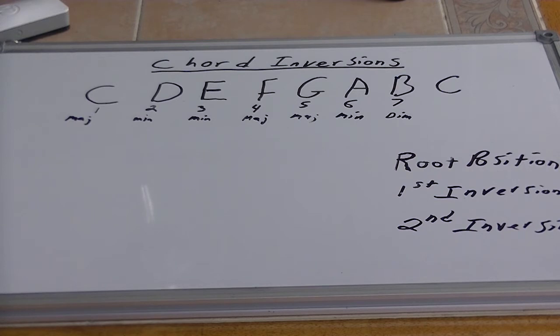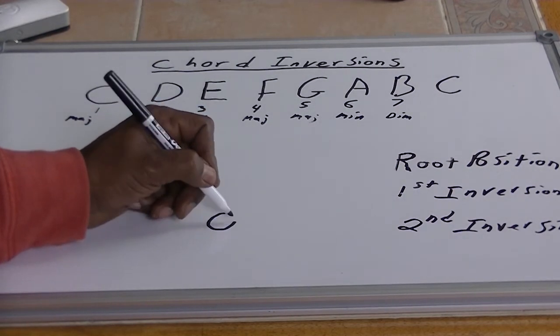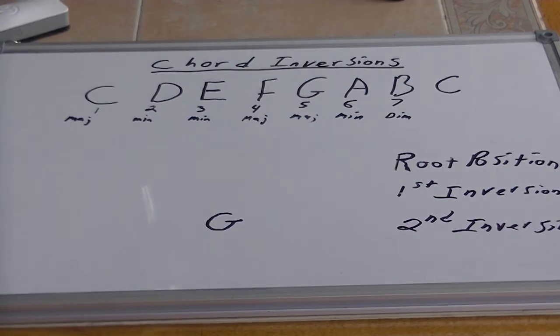So if we look at this chord that we're playing, the lowest note that we have is the G string. The open G string is the lowest note of the chord. So we have G, and then we have the root note at the first fret of the B string.